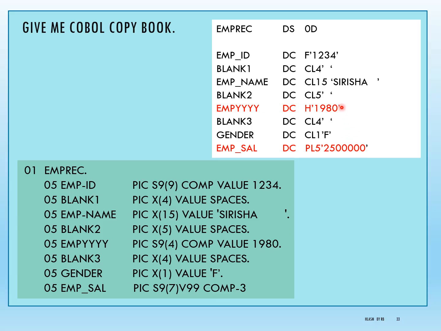Let us see how this translates into a COBOL program, or you can come the other way around. Half word is PIC S9(4). Remember, in COBOL, what are the ranges for full word, half word, and so on. So PIC S9(4) comp with a value starting with 1980. This is your half word.